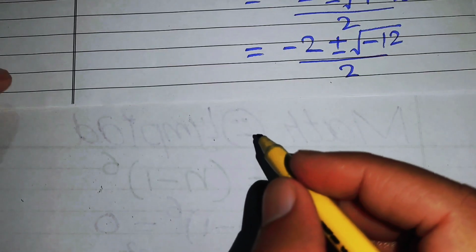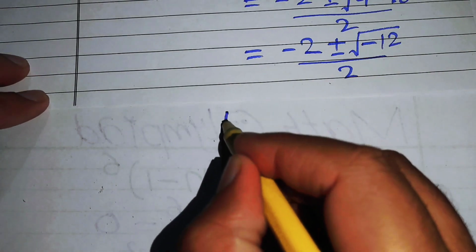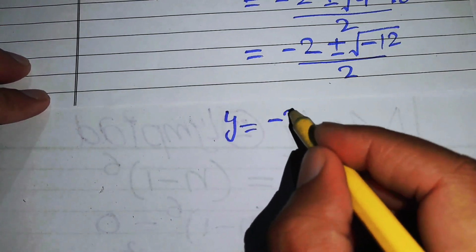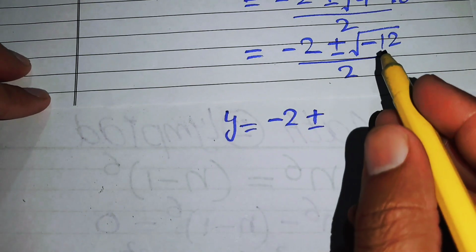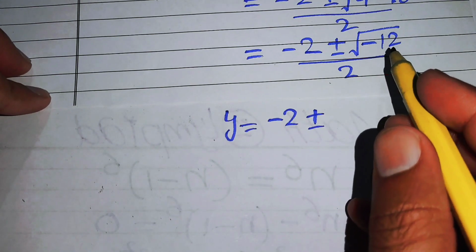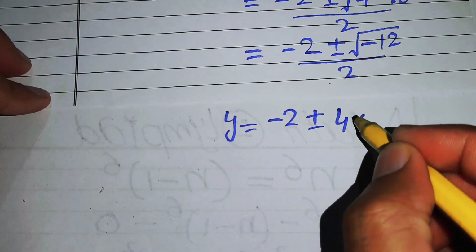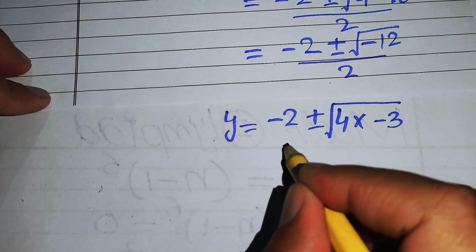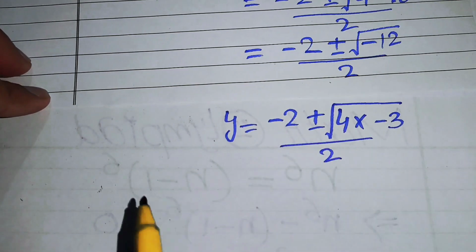And now we will take a little bit of simplification here, and you get the value of y equals minus 2 plus minus the square root of, here you have minus 12, and we will write it as 4 times minus 3, and its whole square root over 2.